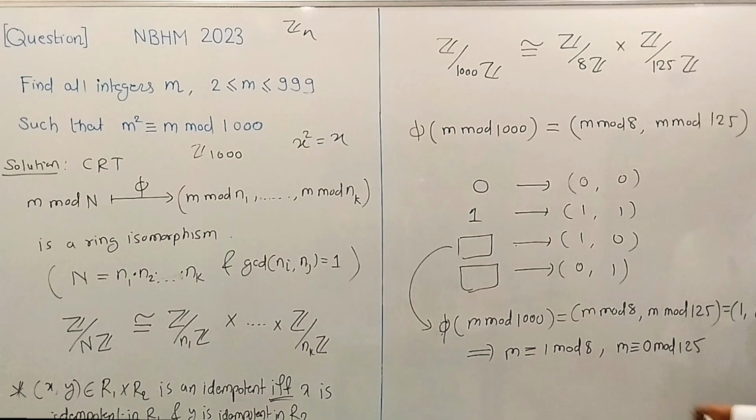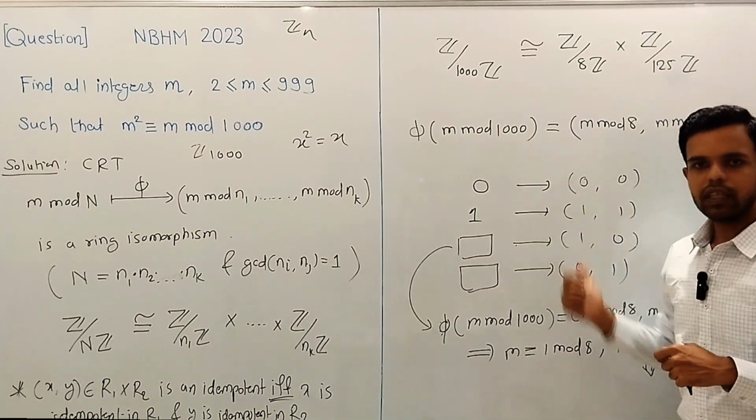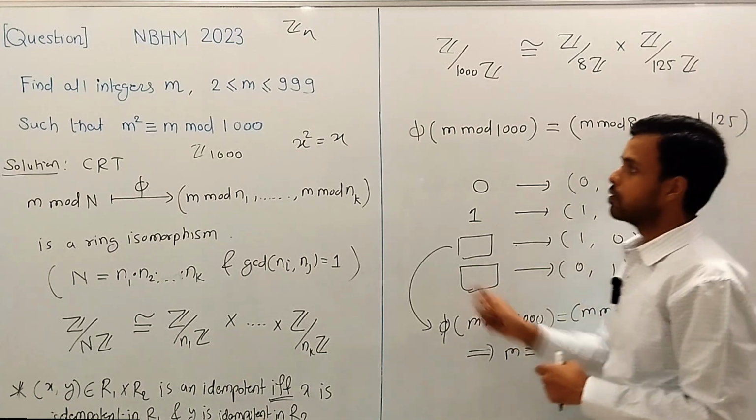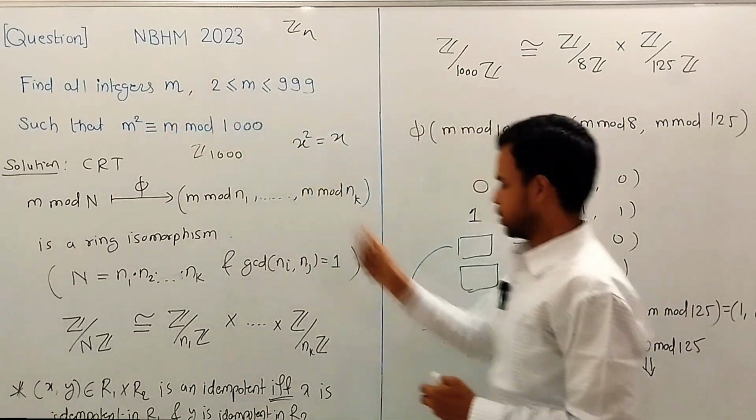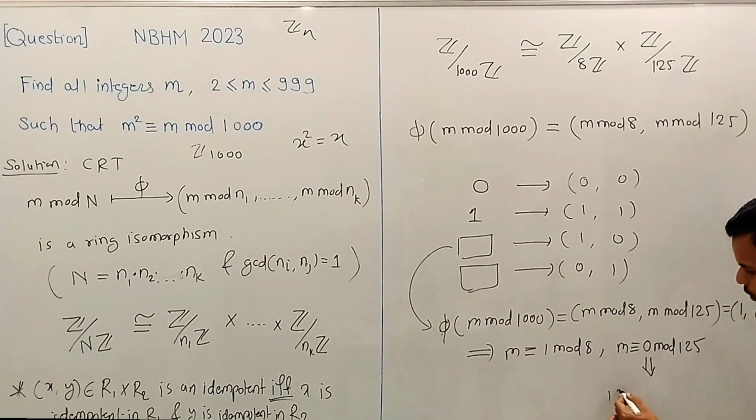And from here we get 125 divides M, that is M is a multiple of 125. So M is a multiple of 125 and we have seen the multiples of 125 in the range of M. So possible values for M are 125, 250, 375, 500, 625, 750 and 875.